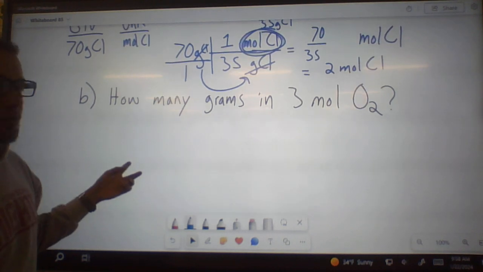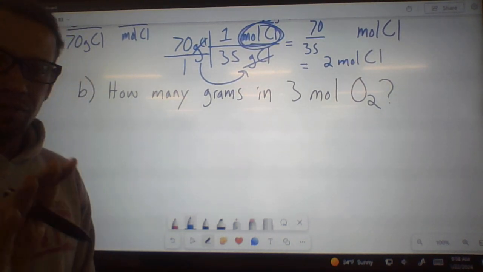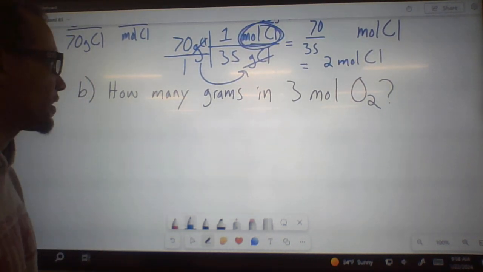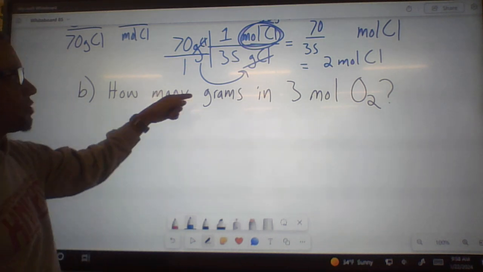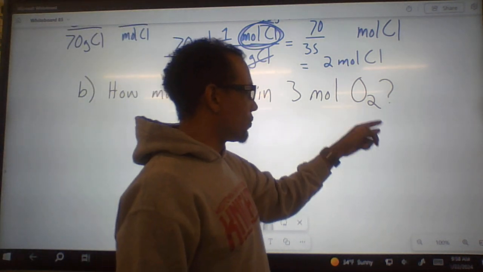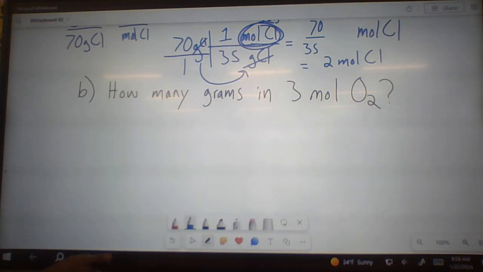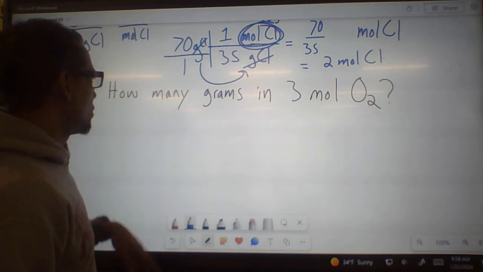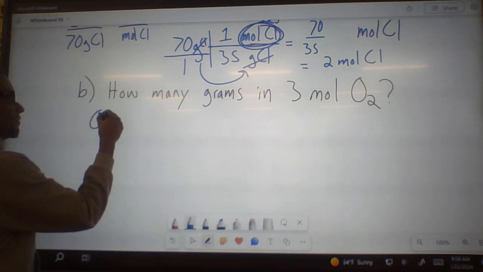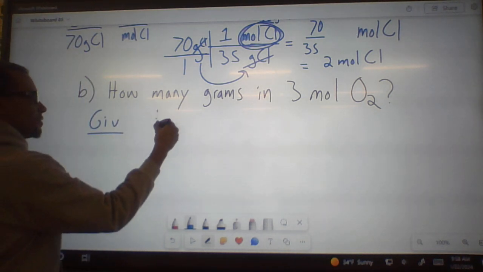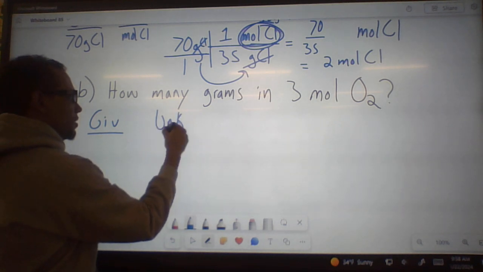All right, so this one we're going to do a little bit faster. I'm still following the steps, but I'm just going a little bit faster. All right, so how many grams in 3 moles of O2? Even if you take the steps, it doesn't take that much time. All right, so let's write out the given information, unknown information.